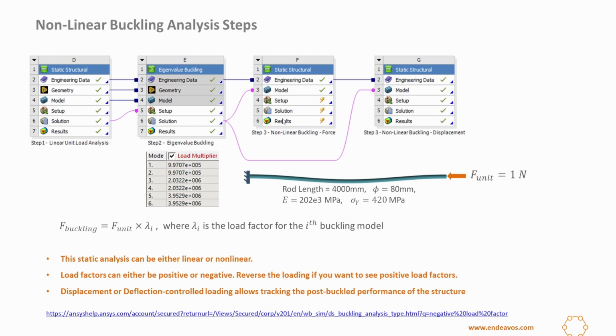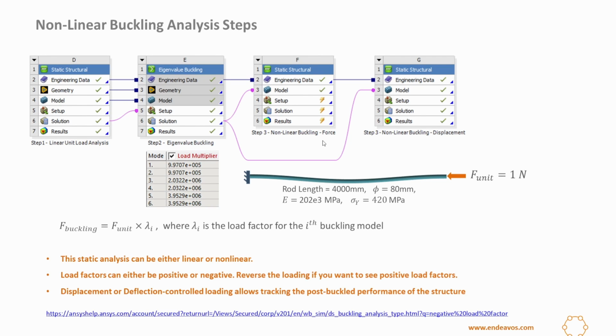In step 3, we can either do a force-based nonlinear buckling analysis or a displacement-based. I prefer a displacement-based analysis because it is easier to get convergence. The other important usage of displacement-based analysis is that you can do post-buckling analysis.